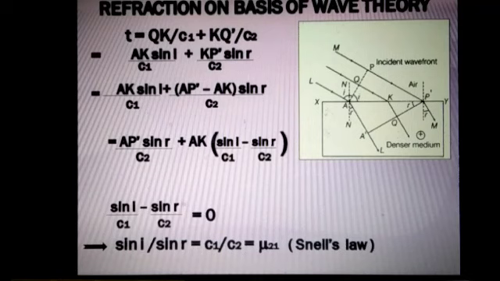Let the velocity of light in medium 1 be c1 and in medium 2 be c2. Obviously c2 is less than c1, as medium 2 is denser and medium 1 is rarer.